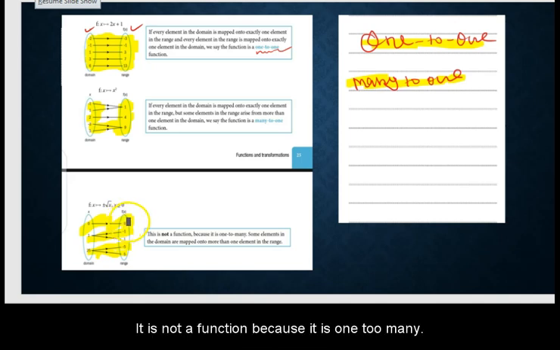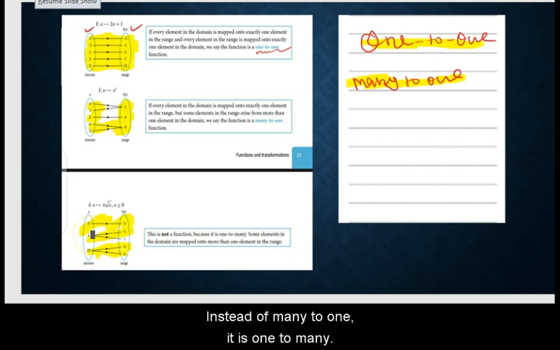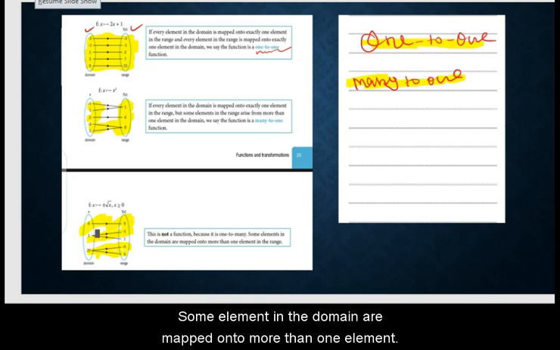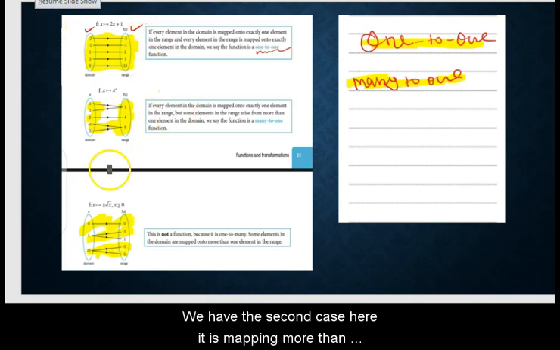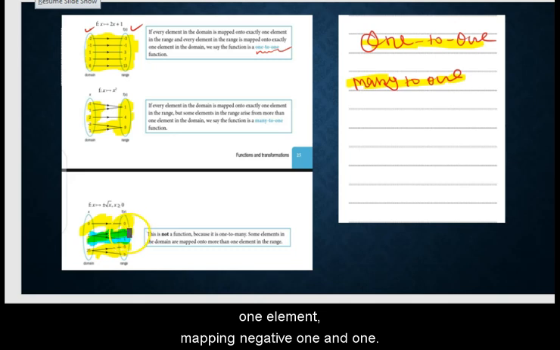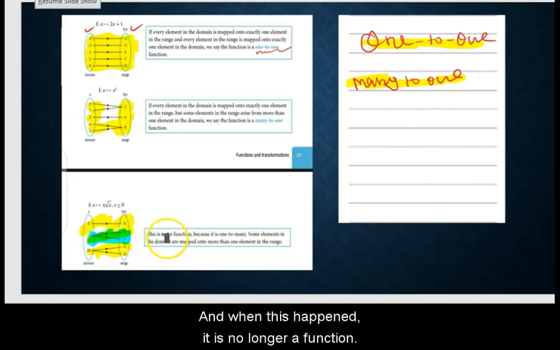It is not a function because it is one-to-many instead of many-to-one. Some elements in the domain are mapped onto more than one element, like in the second case here, mapping -1 and 1. And when this happens, it is no longer a function.